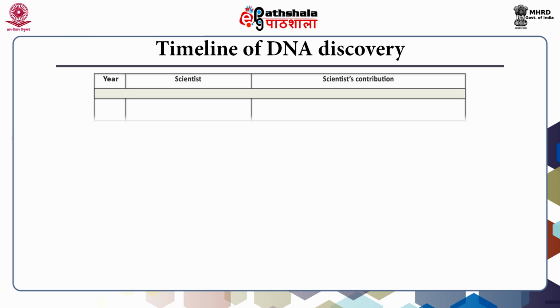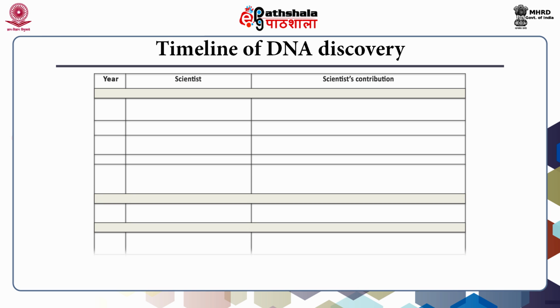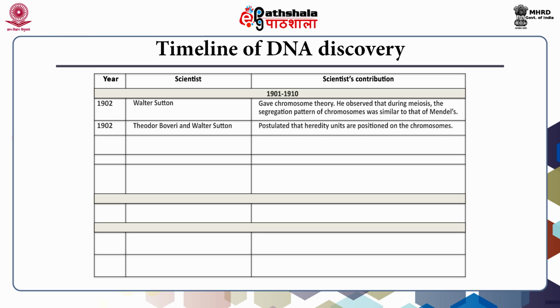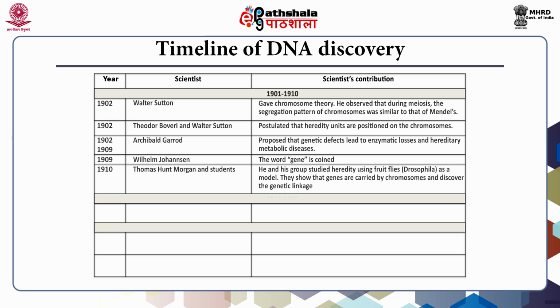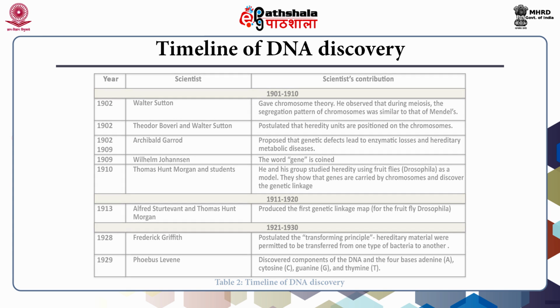From the 19th century to 1930, a lot of scientific advances were noted. Chromosome theory was proposed by Walter Sutton in 1902, and the word gene was coined by Wilhelm Johannsen in 1909. The transforming principle was given by Frederick Griffith in 1928, and DNA components and bases were discovered by Levene in 1929.